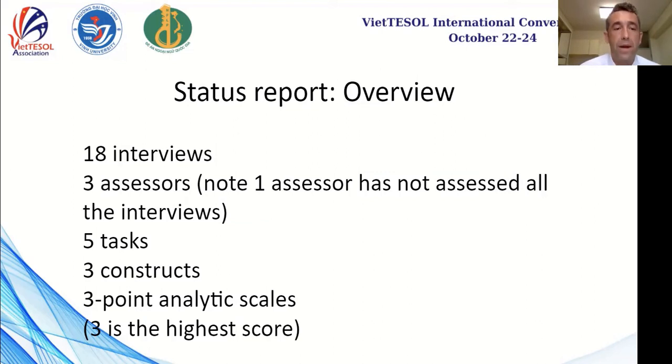There have been 3 assessors active in grading the test takers' performances. One of the assessors, myself, has not assessed all the interviews. There are a total of 5 tasks. Again, we will look at data on 3 of those tasks that are related to the grammar, vocabulary, and fluency constructs that we are measuring. And the analytic scale or rubric that we are using is a 3-point scale, with 3 being the highest score.